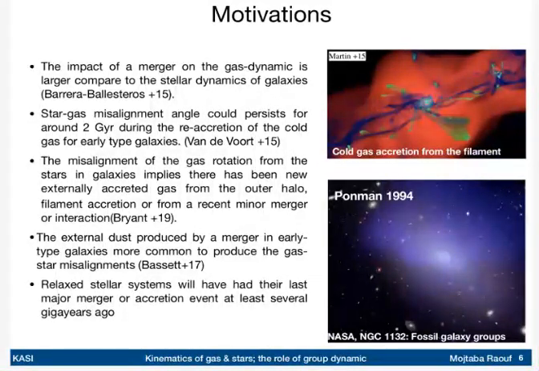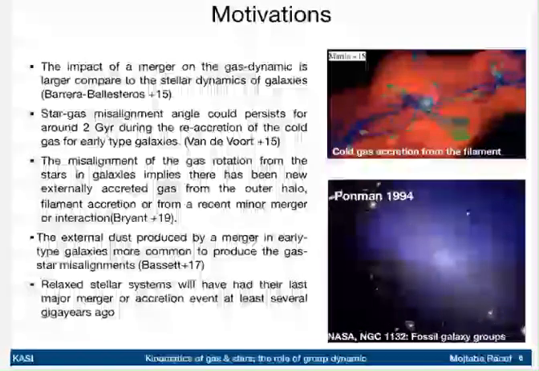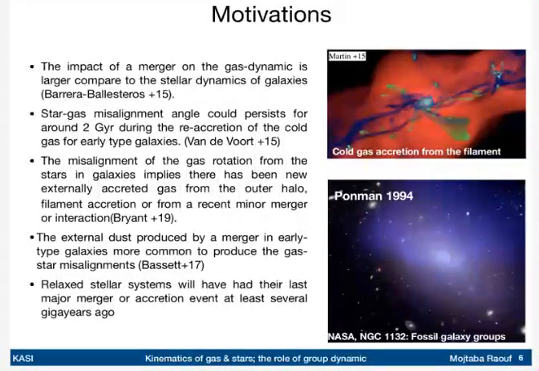And as I mentioned, there is some evidence for external and internal sources of gas accretion, and such gas accretion can lead to a star-gas misalignment angle, which can persist for up to 2 gigayears after the accretion of new cold gas, based on Van de Voort in 2015.